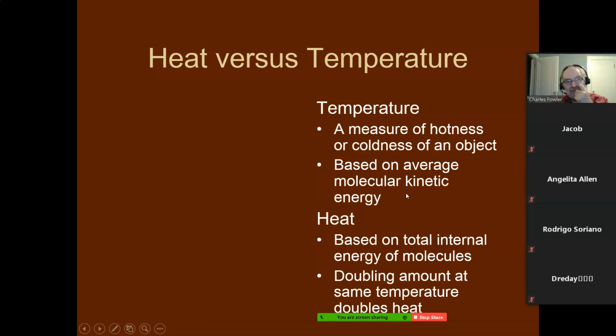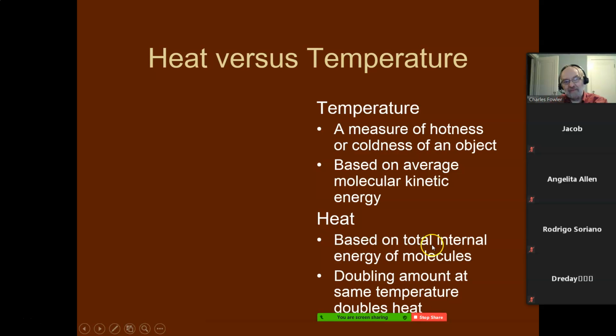Okay? The total average molecular kinetic energy of that object. That's what temperature is. Heat, on the other hand, is based on the total internal energy of the molecules. Total internal energy. Not just the average kinetic energy, the total internal energy of the molecules.